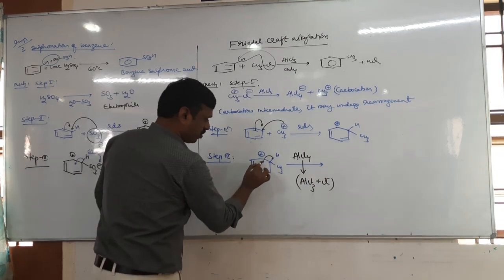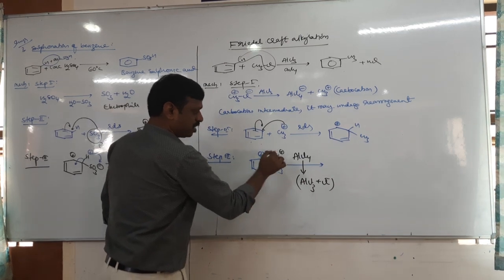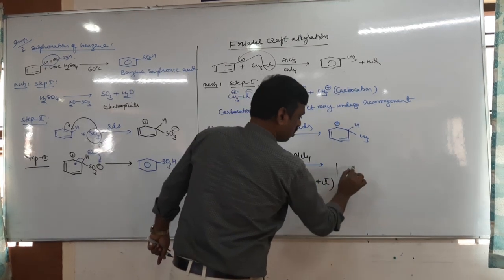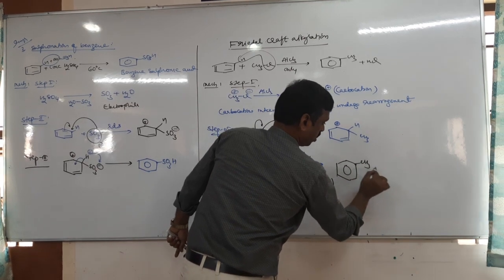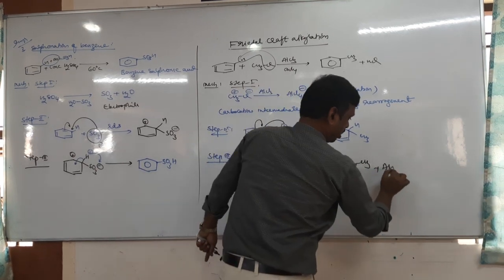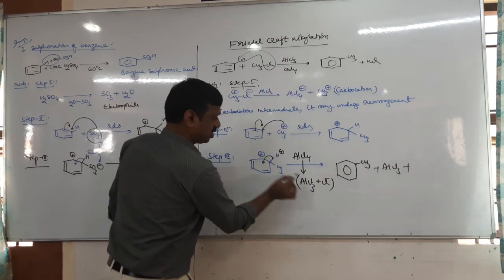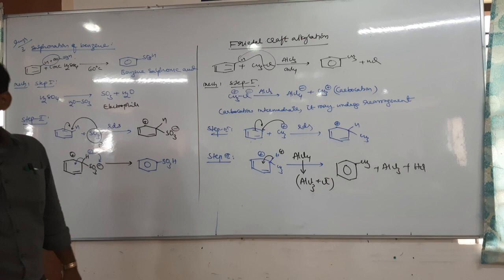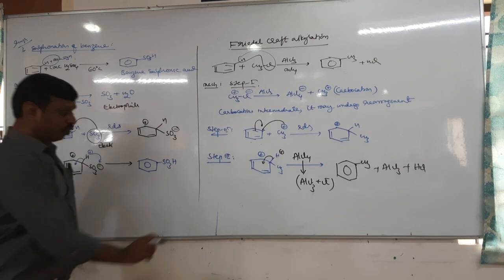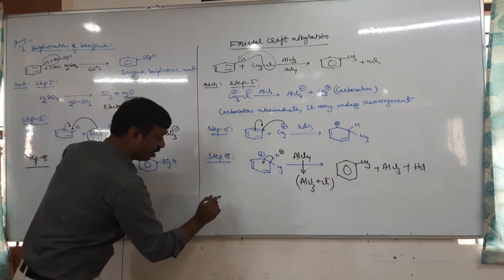Now this proton, H plus will come out, bond shifted here, therefore the methyl group gets substituted, and AlCl3 plus H plus Cl minus gives HCl. But the only important thing is carbocation intermediate.